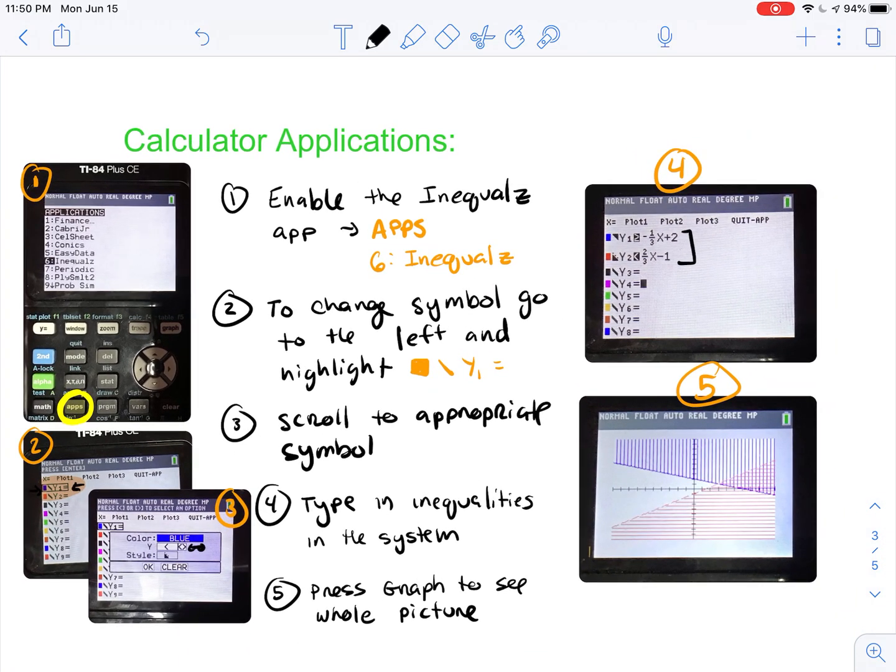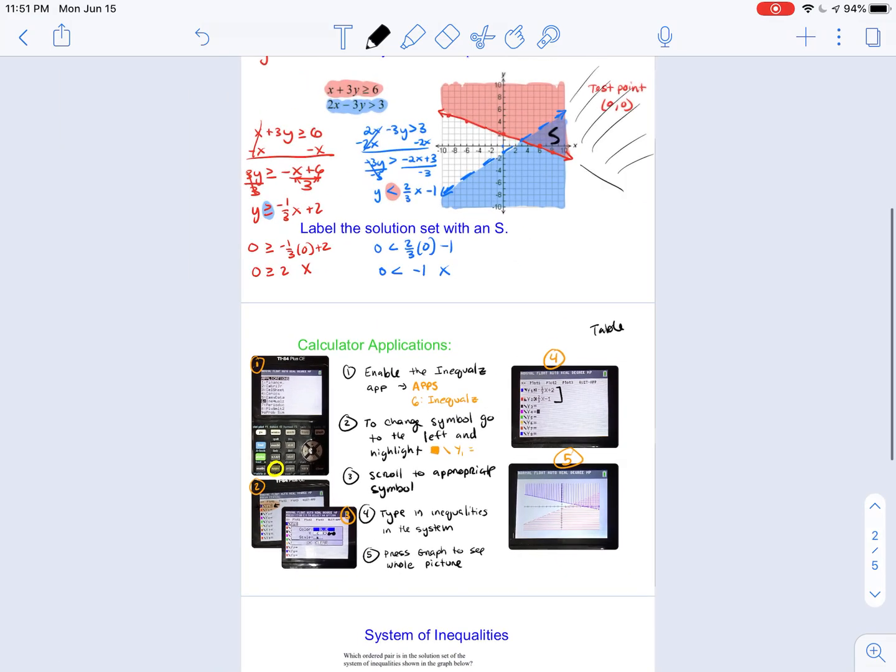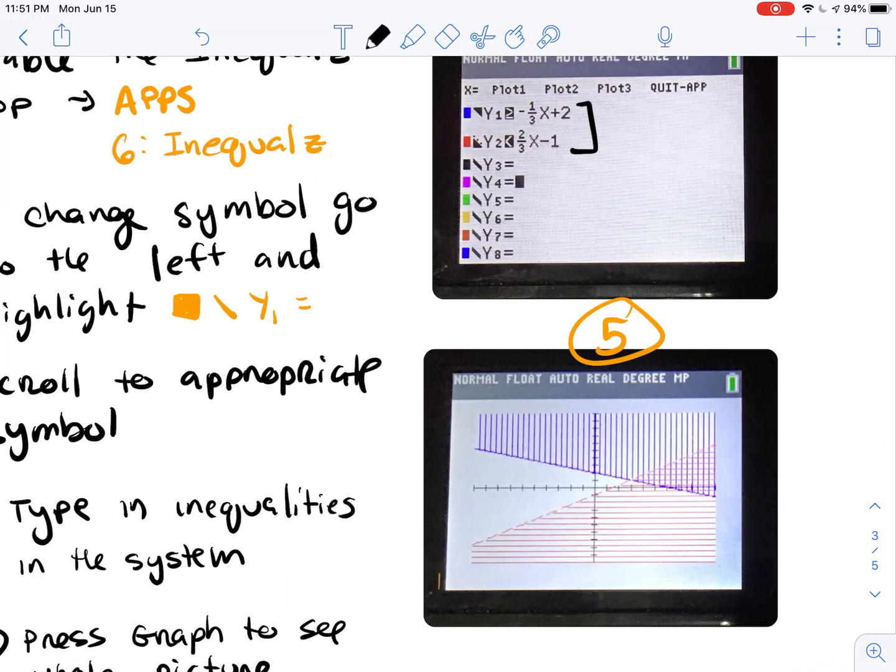Now, what is the benefit of this? Well, two things. A, when you go to your table, it'll give you all the boundary points for each individual line that you can plot, so you don't have to count up 1 over 2, etc. Second thing, it gives you a heads up about what side to shade. Now, my colors are backwards, but it is the same general picture that you see up here, where the solution area is right here.